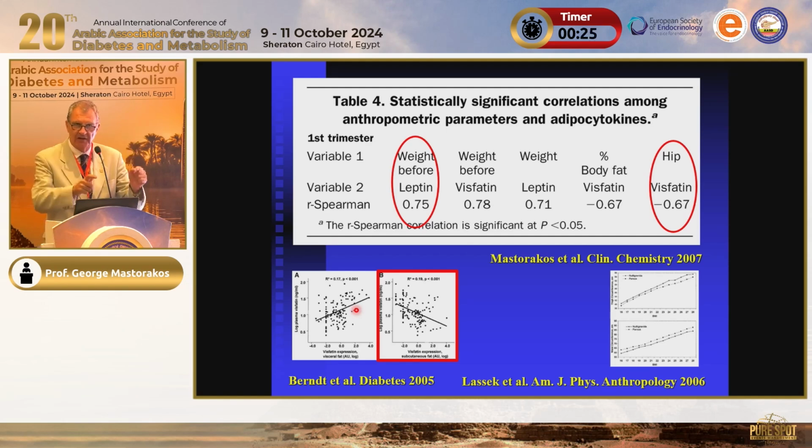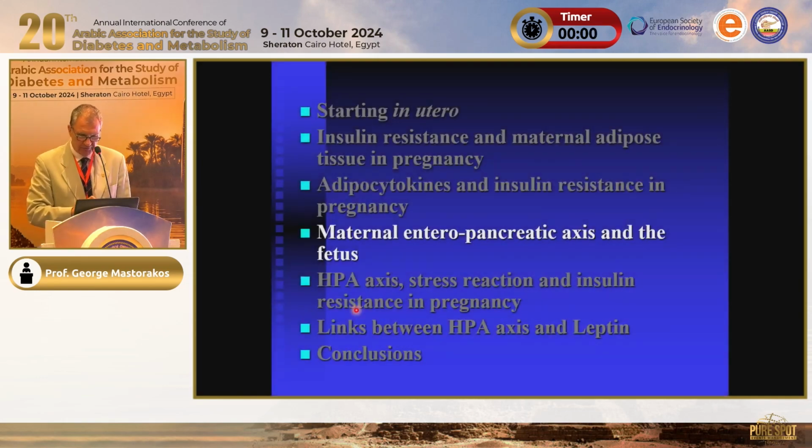It's exactly there when visfatin is needed. Where is it produced from? We do not know. It could be produced by the mother herself, by her adipose tissue. It could be produced by the baby itself, by its adipose tissue, but it could be possibly also produced by the placenta. This was our Princeps publication in 2007, but even since then, nobody has shown where this visfatin comes from.